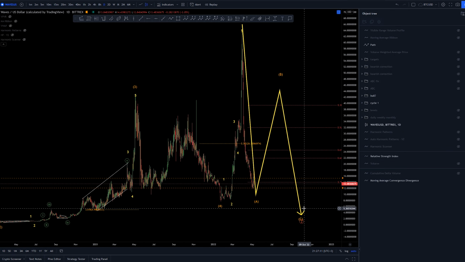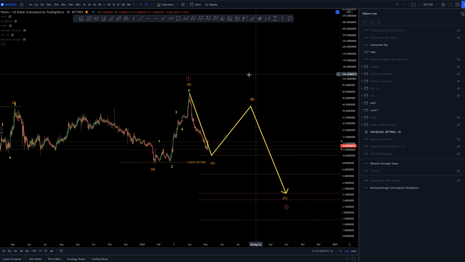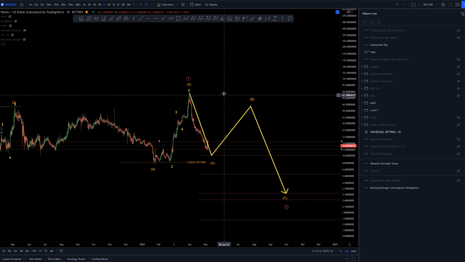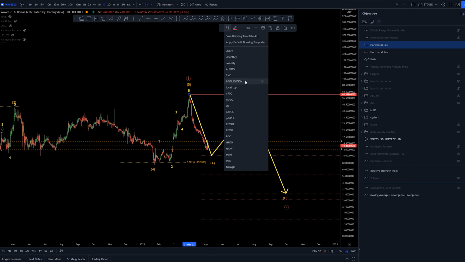But again, if wave 2 comes lower than the 52 cents area here, this count is invalidated. Also, if the structure gets one more high, meaning a new all-time high around the $63, we are going to get invalidated as well.